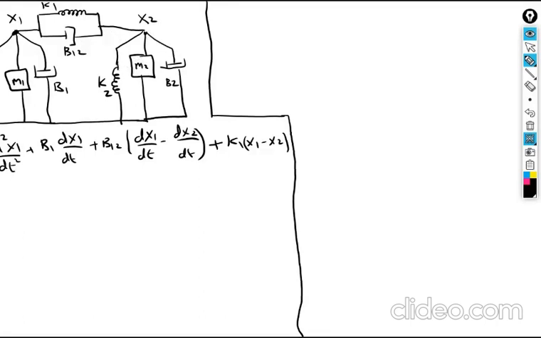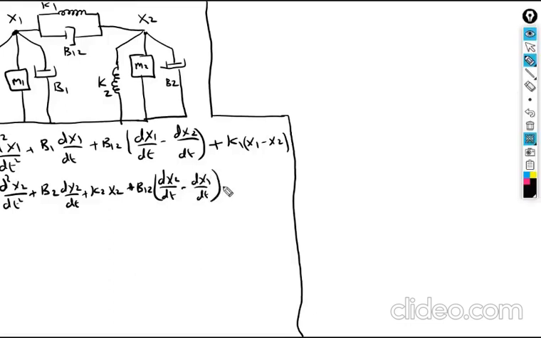One element is m2 into d square x2 by dt square, plus another element is b2 dx2 by dt, plus another element is k2 into x2, plus one element is b12 into dx2 by dt minus dx1 by dt, plus one common element.